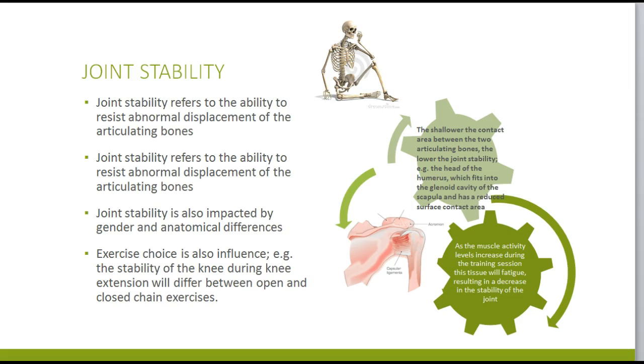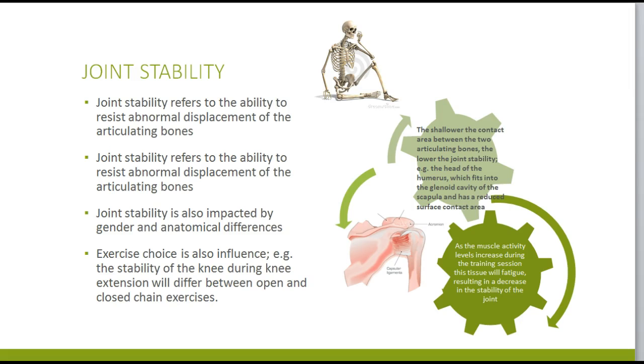If we take the shoulders, for instance, if we have a strong anterior deltoid and a weak posterior deltoid, so the front of the shoulder versus the back of the shoulder, a weak back of the shoulder and tight front of the shoulder is going to cause the shoulders to pull forward, and then that is going to cause the ball and socket joint in your shoulder to not work nice and smoothly. It's going to be weak in the joint. It's not going to run smoothly.